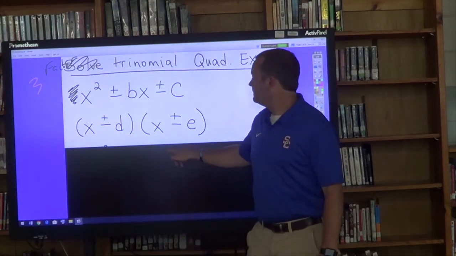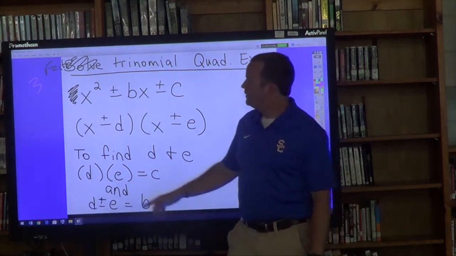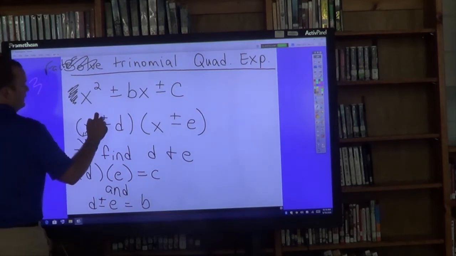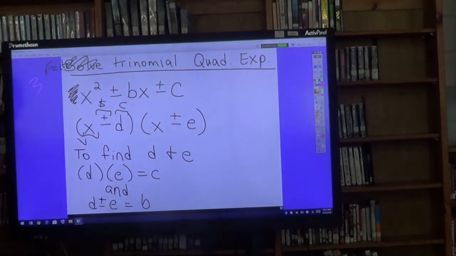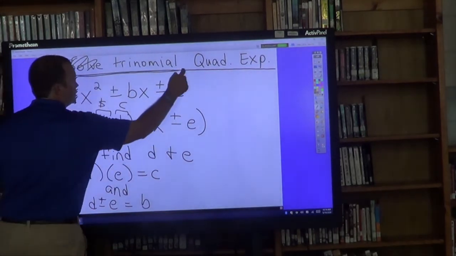Now, when we're factoring, what you end up with is a variable, a sign, and a constant. You get all of this from your original equation.